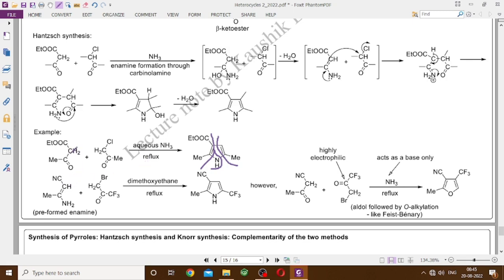Now you can choose to have preformed enamines and then react them with alpha-bromo carbonyl compounds. You can do that. So this molecule has been synthesized in this way.